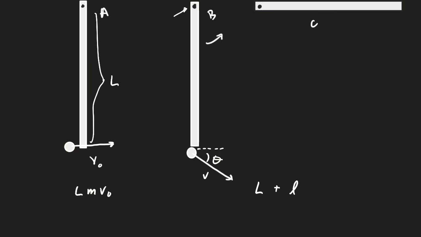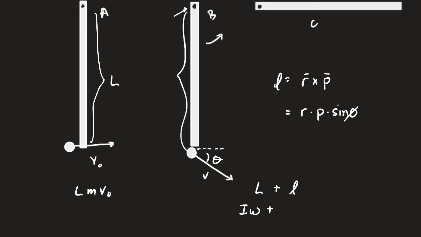And there's a lot of little things here that I think students will make mistakes about. For example, the bar is pretty easy. It's still going to be I omega for the bar. But now we have to calculate the angular momentum of the ball after it recoils. And although we know what R is going to be, this length is still going to be R, I'll remind you that angular momentum is R cross P, which is R times P times the sine of the angle between them, which is not theta, by the way.